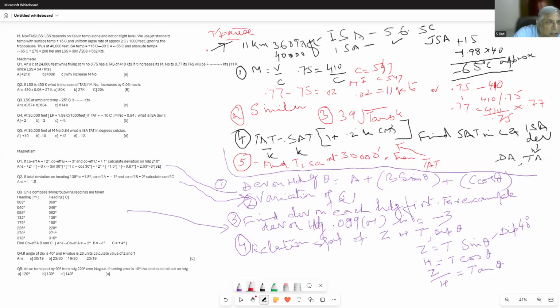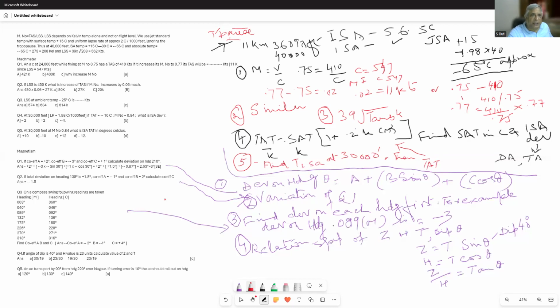Only thing I would like to add is that while calculating the ambient temperature for calculation of speed of sound, which is called the local speed of sound, we use the International Standard Atmosphere when we are flying above 36,090 feet.